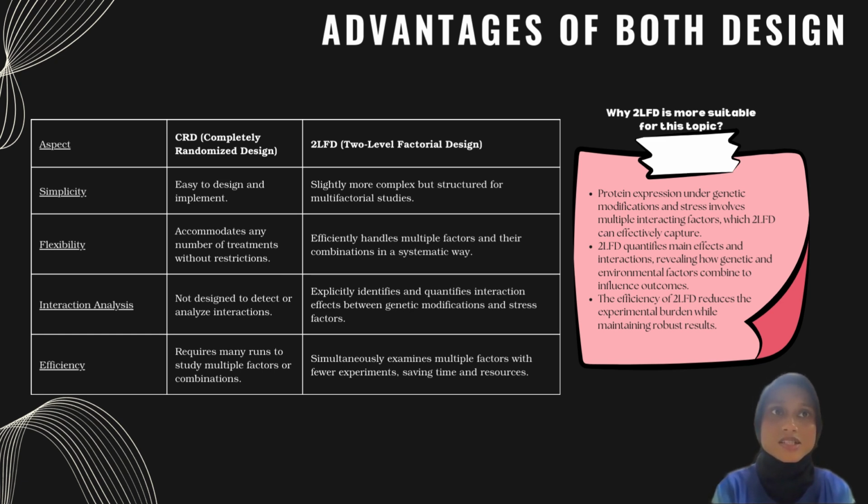The second reason is 2LFD can quantify main effects and interactions, revealing how genetic and environmental factors combine to influence outcomes. And the last reason is the efficiency of 2LFD can reduce the experimental burden while maintaining robust results.